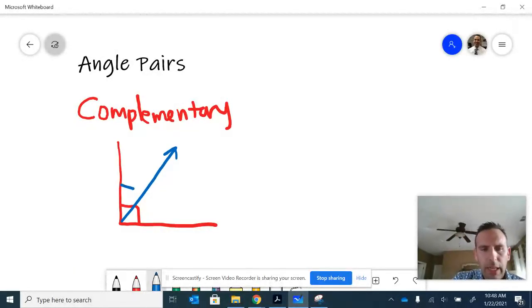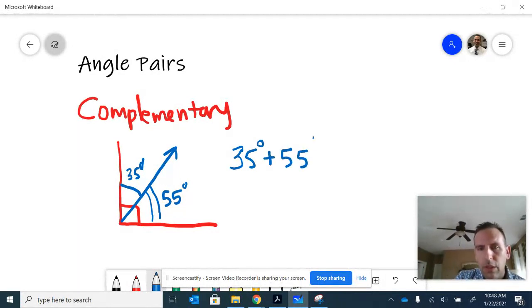If you had this angle that, let's say it measured 35 degrees, and then since the angle is right, it has to add up to 90, this other angle would be necessary to have a sum of 90 degrees, in this case, 55 degrees. It's true because 35 degrees plus 55 degrees is equal to 90 degrees. And so we would say that those two angles, the 35 and the 55, are complementary.